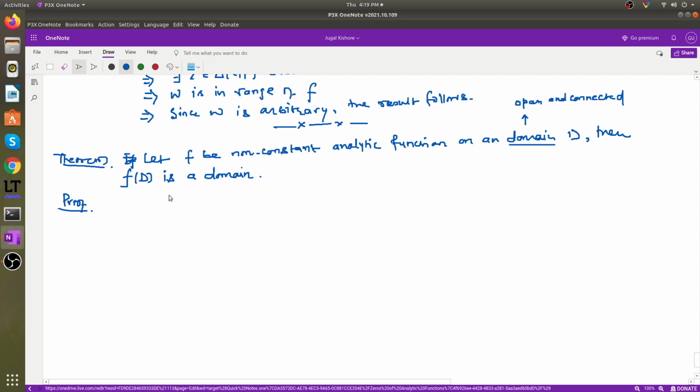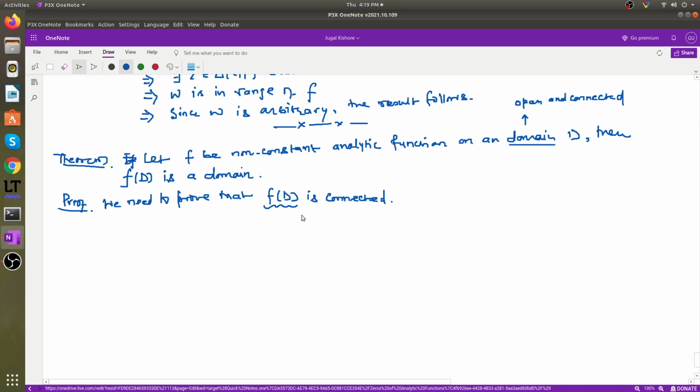So we need to prove only that f(D) is connected.